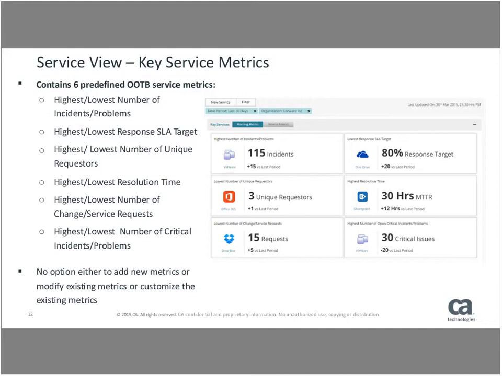Then the second lane shows the unique requesters, the highest and lowest number of unique requesters. In the case of warning, it shows the lowest number; in the case of normal, it shows the highest. This provides information related to the adoption of this particular service in the organization.